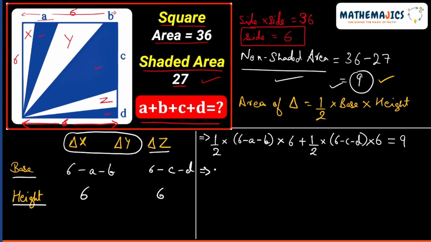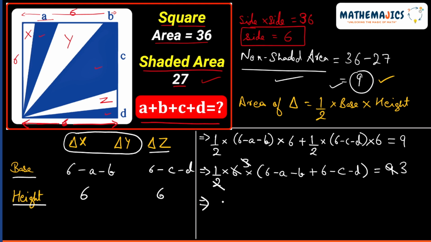Now we can take half and 6 common from both the terms, and we will be left with 6 minus a minus b plus 6 minus c minus d. Correct? Now, if we simplify this further, what will we get? We will get 3 here, and we can cancel 3 and 9. We will be left with 3 on the right hand side.